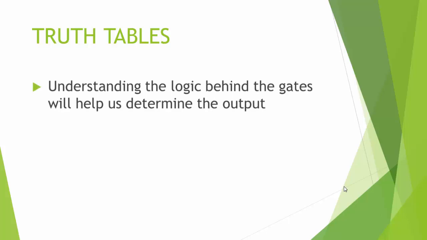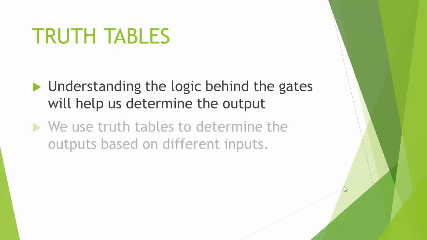So what we can do is systematically document every possible output based on every possible input. And once we've populated this table, we have a very good understanding of what we can expect from our circuit. It's just a little bit of work.